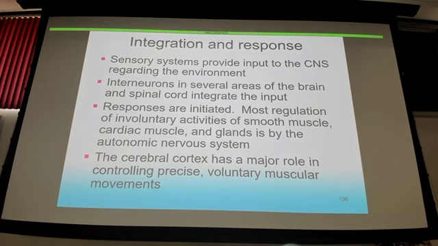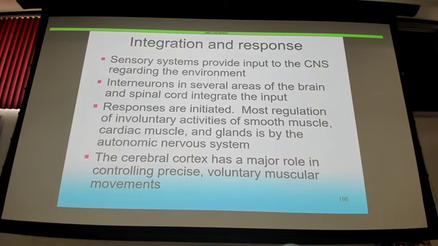We left off here, we looked at naming tracts, but here's integration and response. So as we start to look at these, we say sensory systems. We're repeating what we already know. Sensory systems, input to the central nervous system. Once it gets in there, you have interneurons, neurons that connect to neurons, and they integrate by deciding where it's going to go.